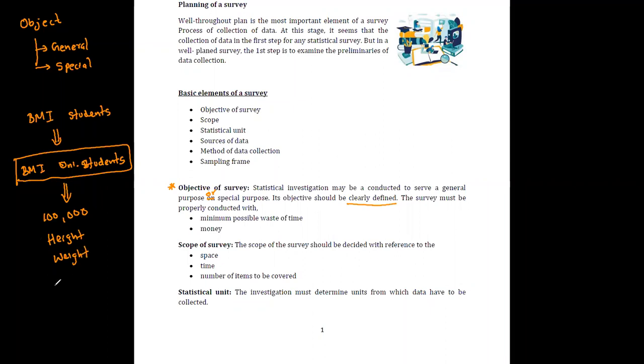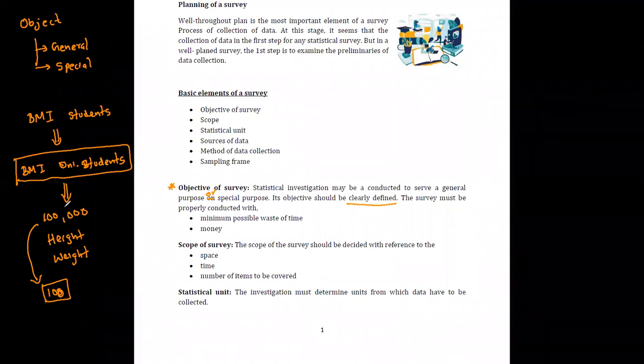It means that we are taking a sample out of this 100,000. Suppose we take a sample of 1,000 or 100. And 1,000 is also a very large value. Sometimes if we are able to do it, then we can, or else we will take a sample of 100. Then for these 100 students, we have to limit our survey.